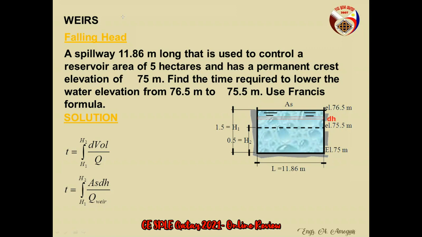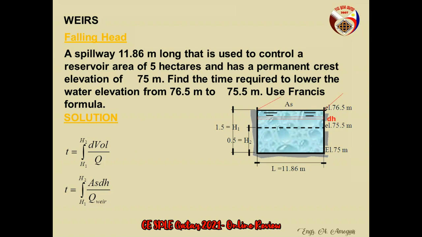For a reservoir of 5 hectares, 1 hectare is 10,000 square meters. So ES here is constant, so I can take it outside of the integral. By the way, this is the only way to solve for time with falling head. If your ES is not constant, there's no way except to express ES in terms of dH.